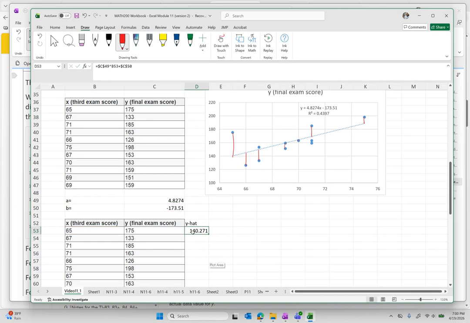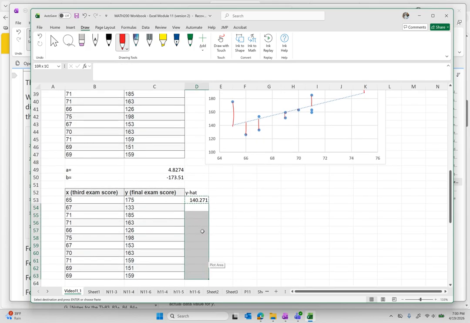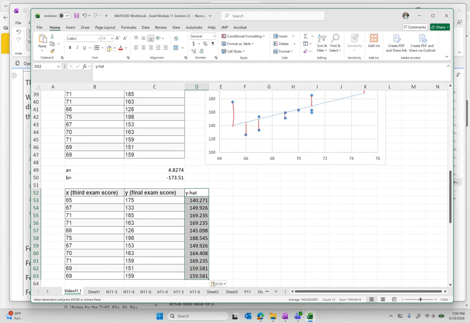So this is the y hat when x is equal to 65. It is 140.3, and again I round it here, but let me copy down over here. I see that I have errors. Let me see why. Oh, I do not have errors.